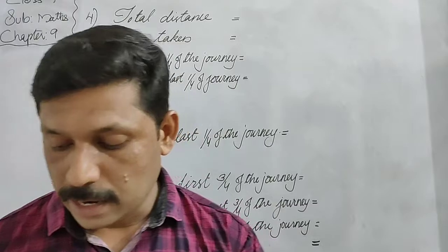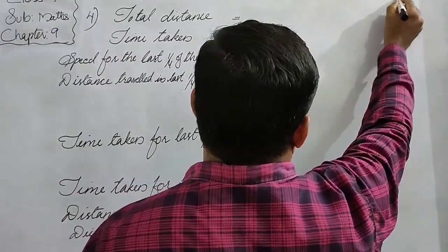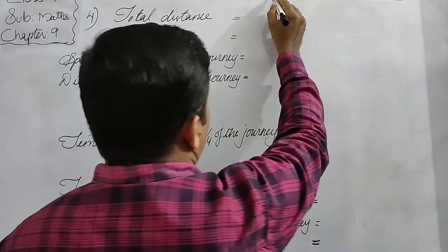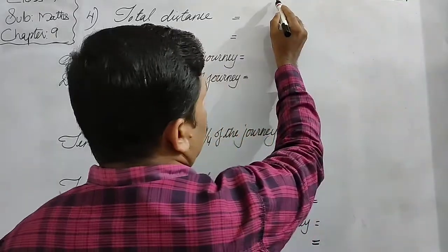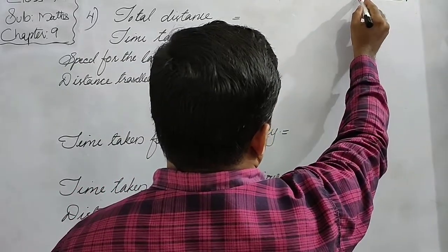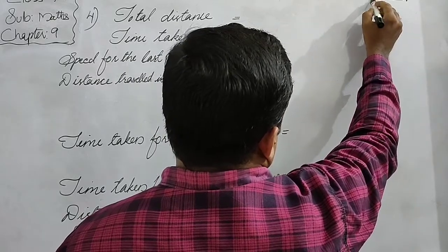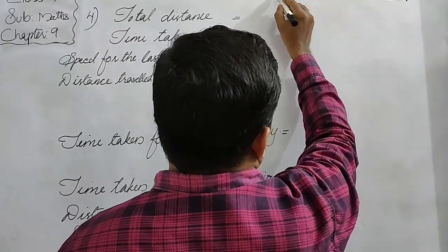So here, suppose this is the total journey, total how many kilometers, 1200 kilometers, and from here he started and here the journey ends. Suppose in this part, this is 1/4 and this is 3/4.